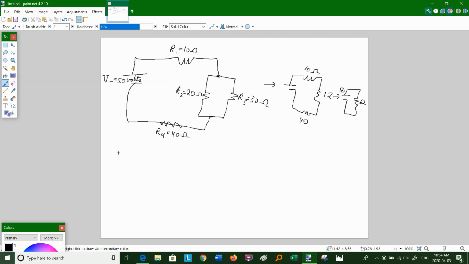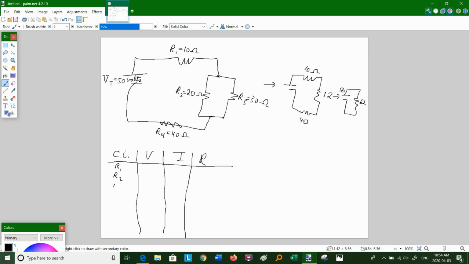And the voltage was 50. So now making my series chart, circuit item, V, I, R. You know, there's actually some rulers on this program that I could use, but I didn't.